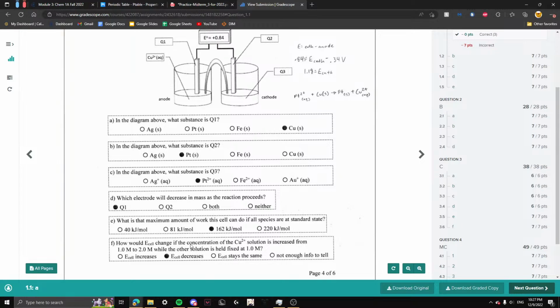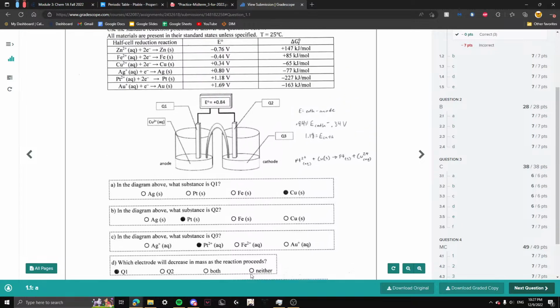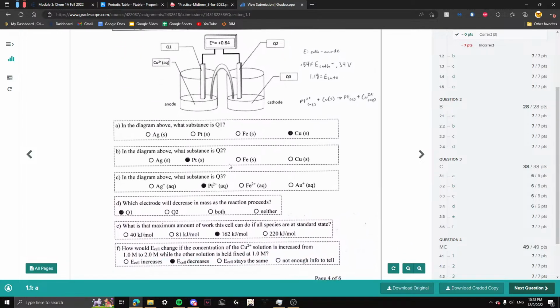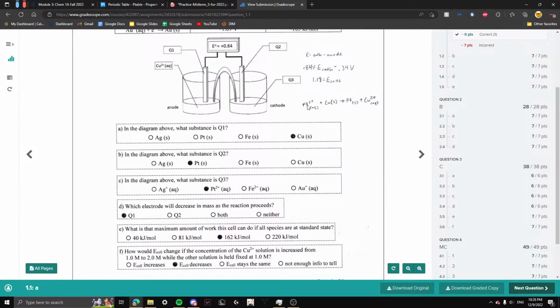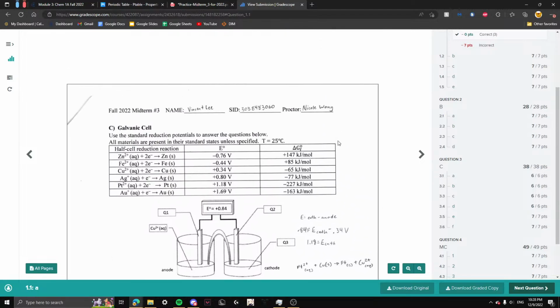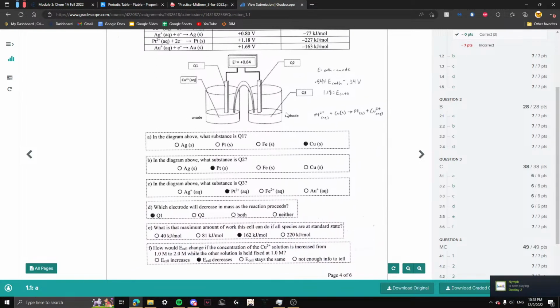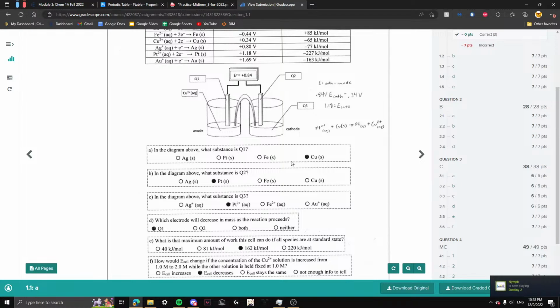And then for this one, it's asking how it would happen if one solution was increased while the other stays the same. So for that, we just look at how it would affect our concentrations of this and this, right? So if Cu's concentration is increased while the other one stays the same, our Q value increases, right? Well, not Q value, wait, hold up. We literally just have more anode, and when we're adding it's cathode minus anode, right?